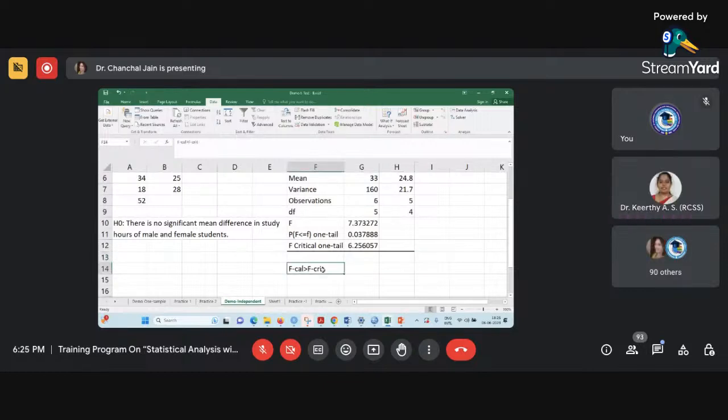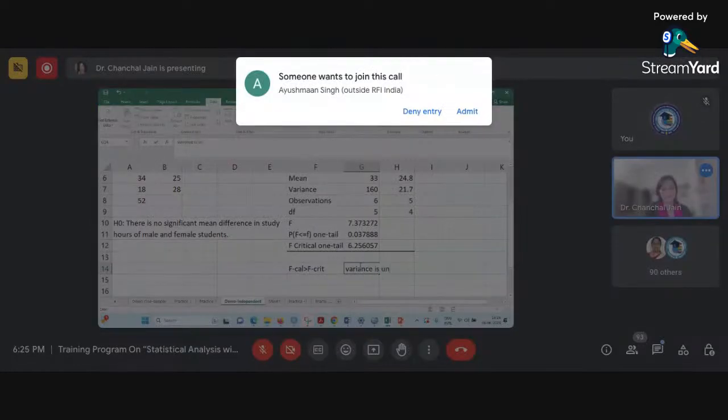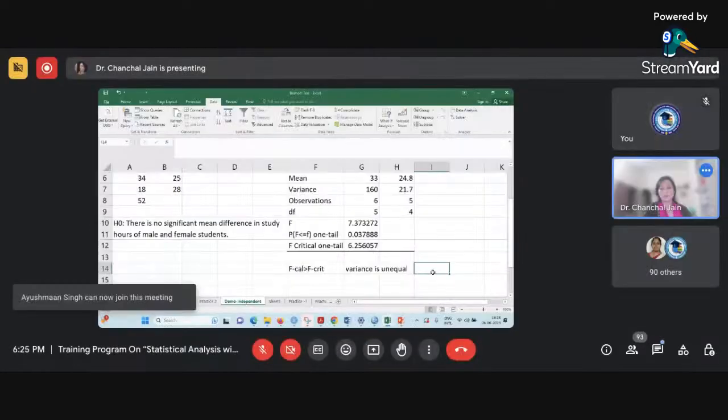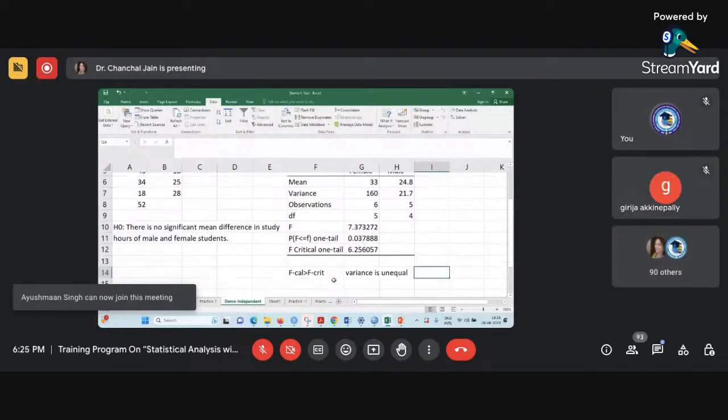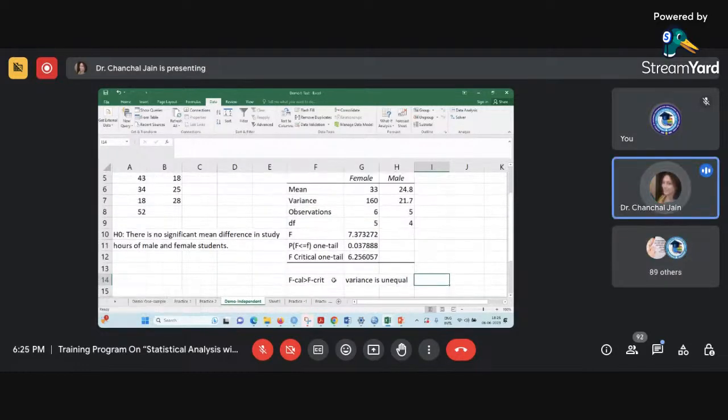Very good. Whenever the calculated value is greater than the critical value, we do not go with the null hypothesis, and that way we can say the variance is unequal. Is it clear? So we have understood that variance is not equal between the two groups.